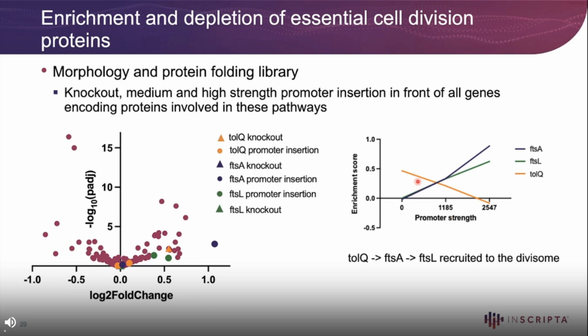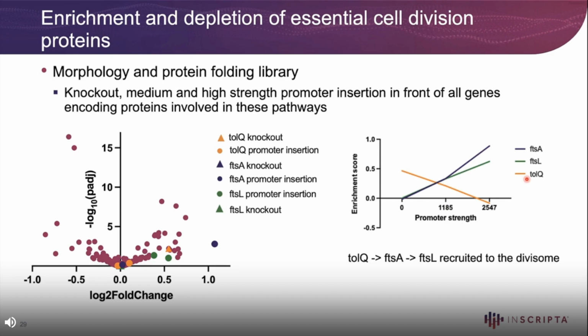So here for FtsA and FtsL, you can see that there is very little or no enrichment with the knockout. However, as you increase the promoter strength from the medium strength promoter up to the high strength promoter, there is definitely a drastic increase in enrichment.